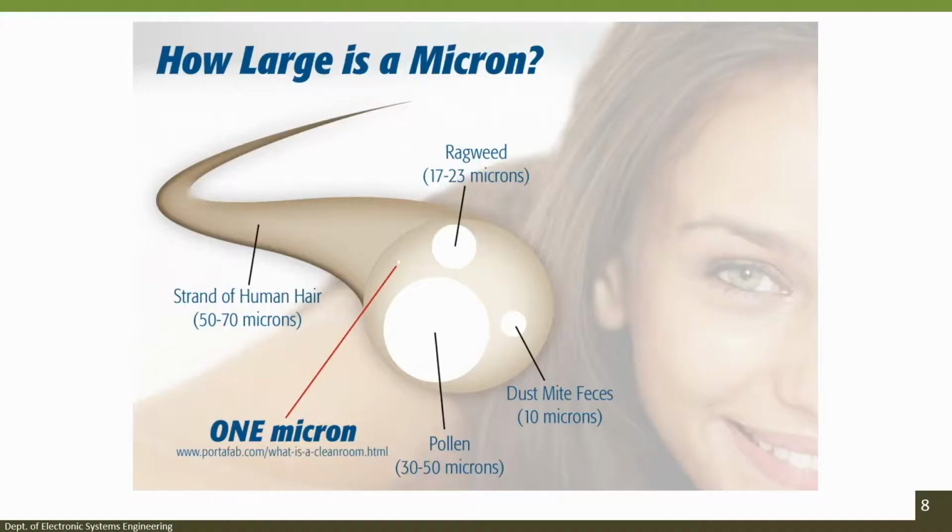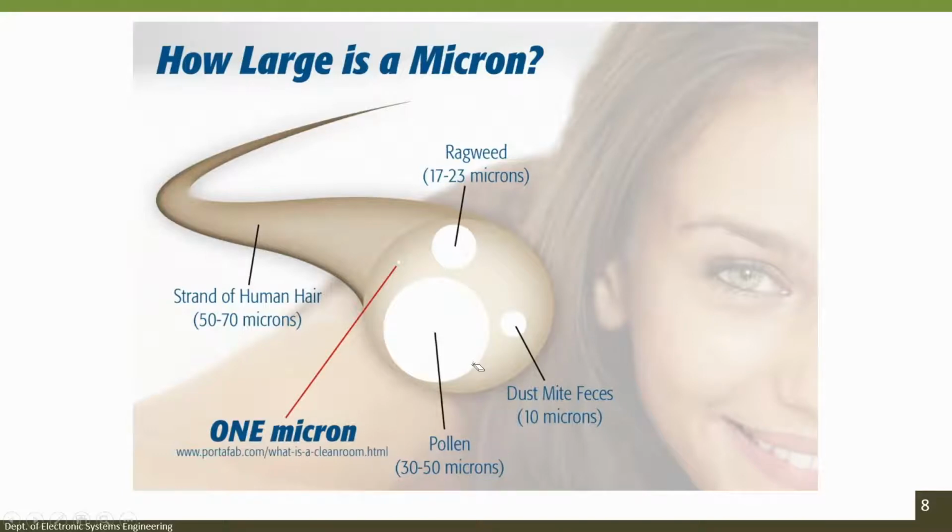So, let us go to the next slide. When you talk about how large a micron is, you can see from the slide that a single strand of human hair is around 50 to 70 microns. A red blood cell width is about 17 to 23 microns. Pollen is 30 to 50 microns.